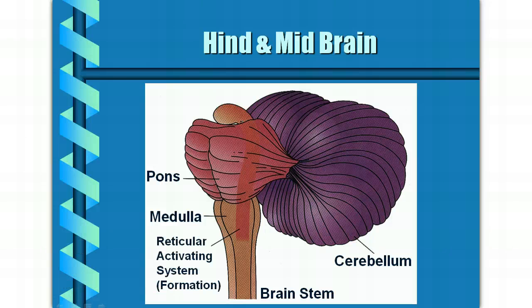And then we have finally the reticular activating system or formation. Now, a really interesting piece here, because scientists are trying to find out where's our connection between our brain function and our consciousness. Where do we become who we are?